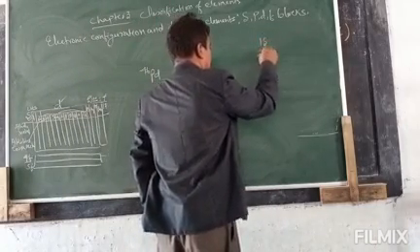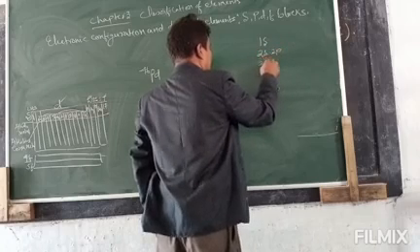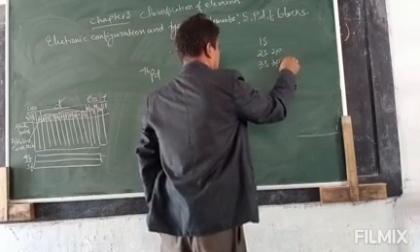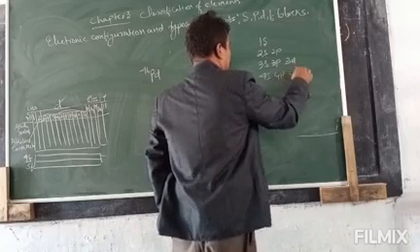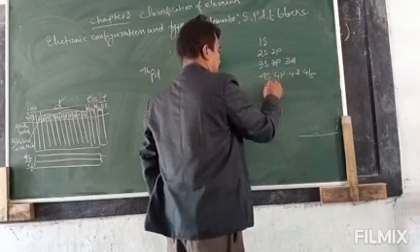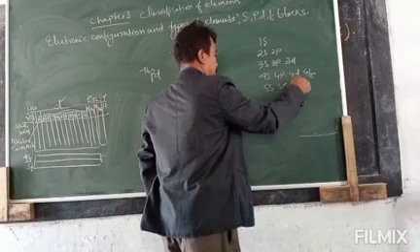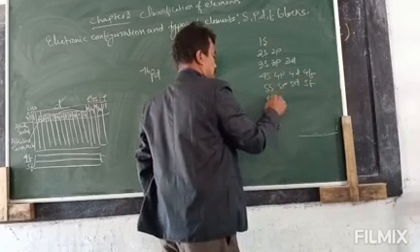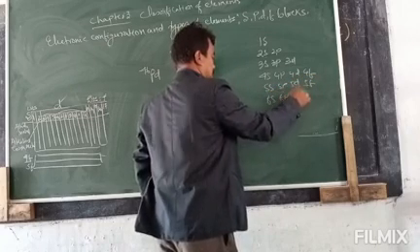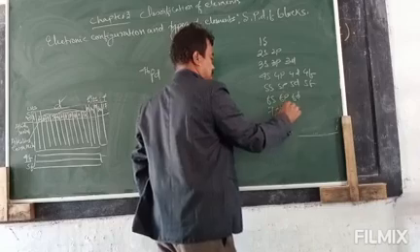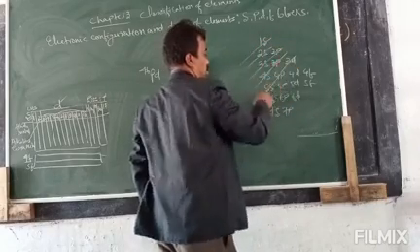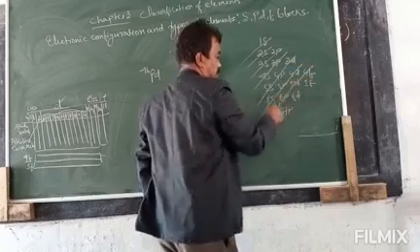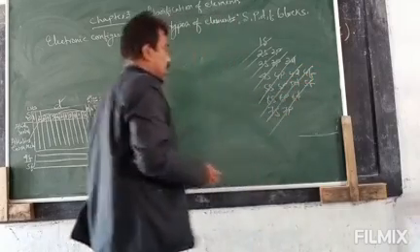1s, 2s, 2p, 3s, 3p, 3d, 4s, 4p, 4d, 4f, 5s, 5p, 5d, 5f, 6s, 6p, 6d, 7s, 7p. Now, the same n plus l value order we have already calculated.